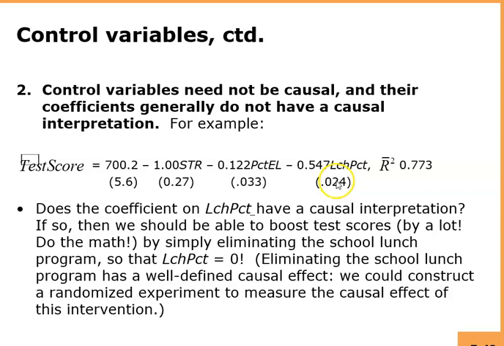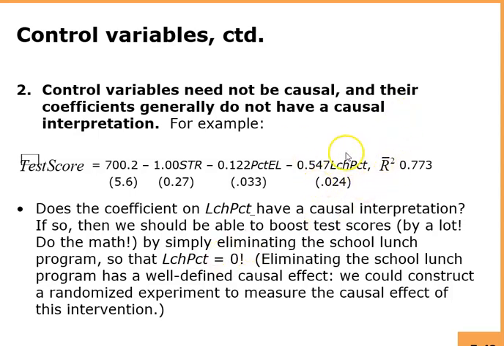So in a sense, if you look at it, if children are eating better, if they are part of this program, it should add positively to their test score. But why is this coefficient a negative coefficient? It is simply because this coefficient is actually capturing the affluence or the lack of affluence of the students which are part of this program.